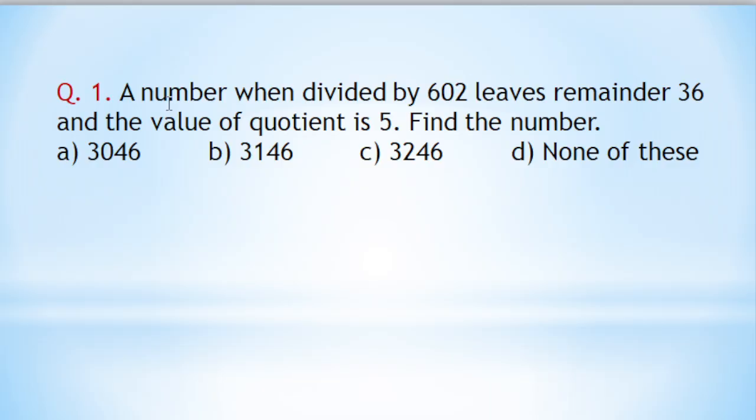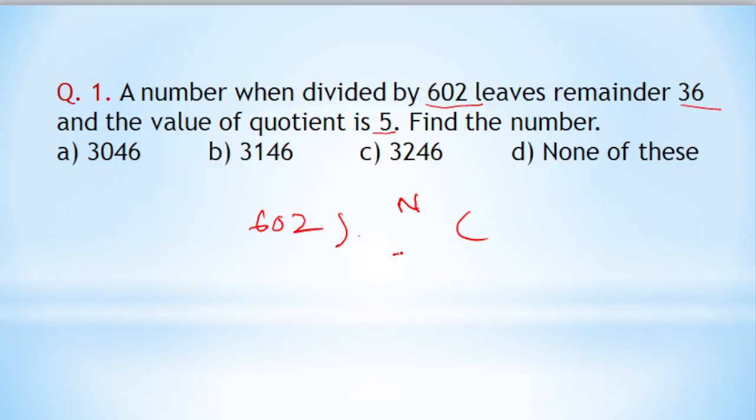We have to solve one question. A number when divided by 602 leaves remainder 36 and the value of quotient is 5. Find the number. Here we don't know what is the number, so suppose it is n.